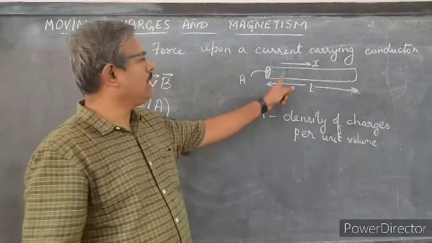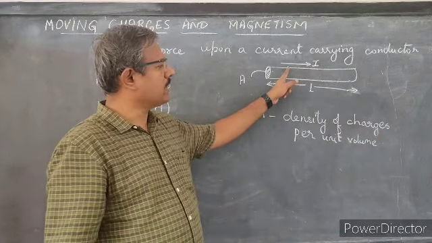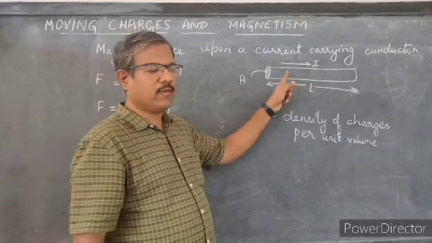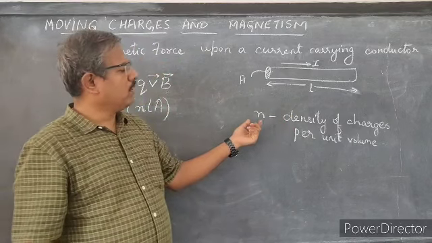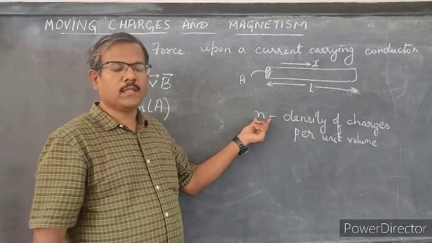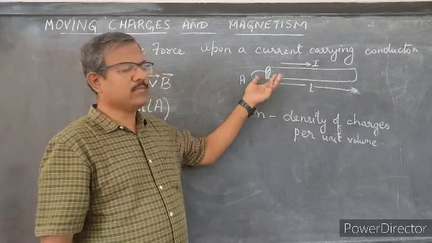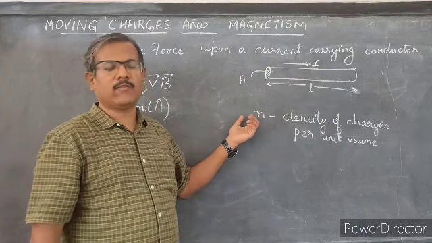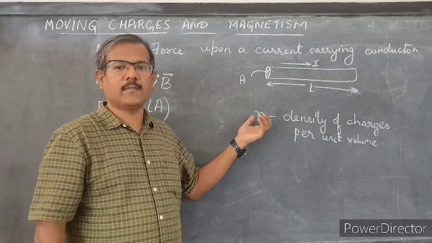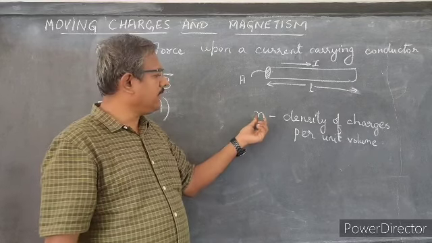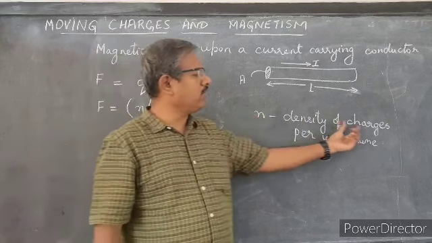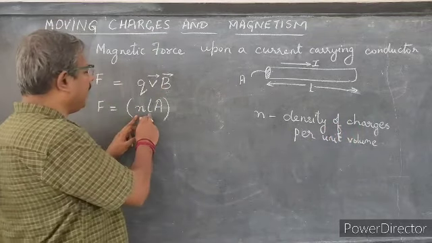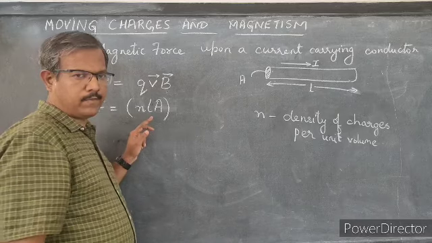So if I take any one particular cross-sectional area and I want to find out what is the total number of charges. So in this case, let's assume the current is being carried by the movement of electrons. So the charge carrier here becomes the electron. So in that case, I am assuming N to be the density of charges per unit volume. So what does N into L into A give me?